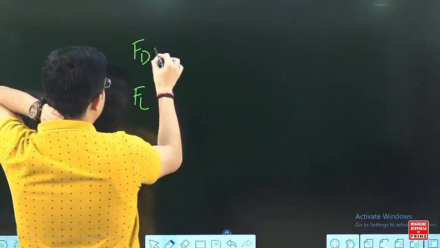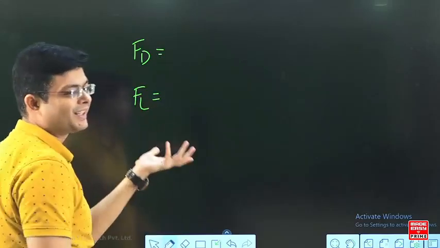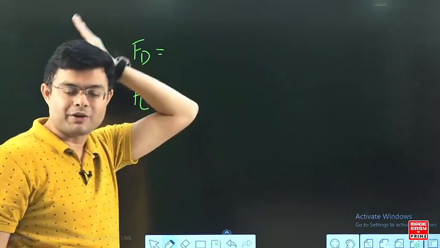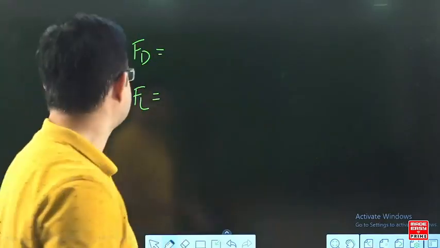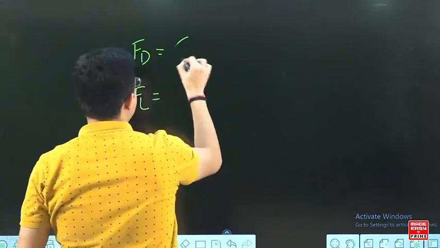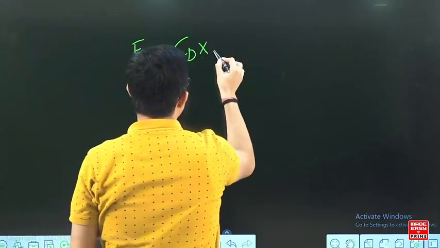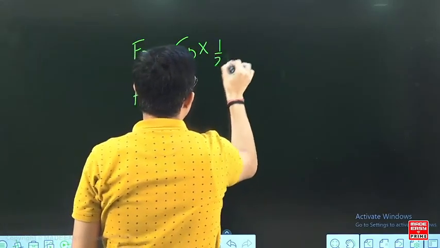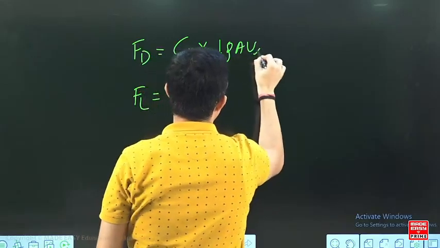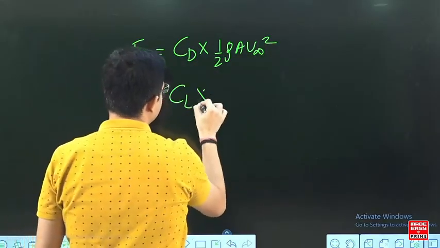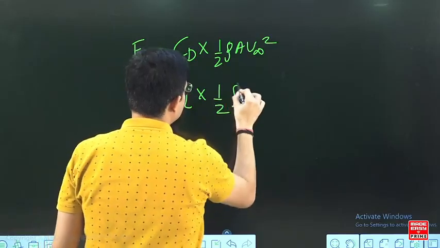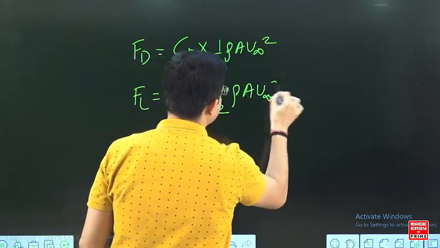Drag and lift. What is the formula for drag and lift? You have been studying this from your college life, because I know in most of the universities this question is asked in the college itself. So what is drag force? Drag force is coefficient of drag multiplied by half rho A u infinity square. What is lift force? Lift force will be CL into half rho A u infinity square.